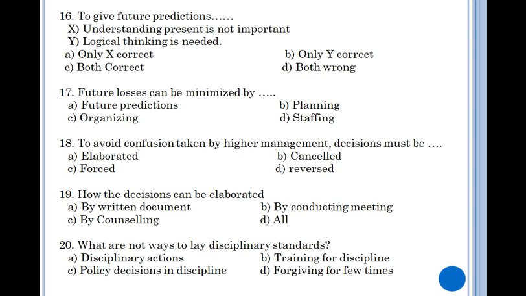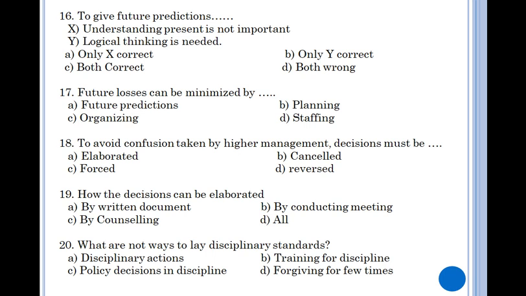See, to make future predictions you must be clear about the present. So understanding present is not important is a wrong sentence, because you must be clear with the present, and only then can you do future predictions or future forecasting. So X is incorrect. Second, logical thinking is needed. It is correct. So option B is right. That is, only Y is correct.